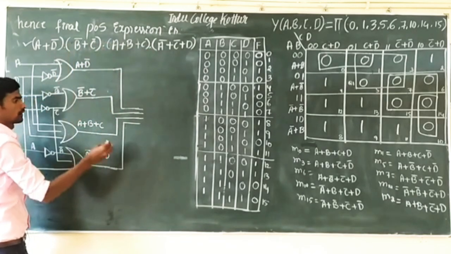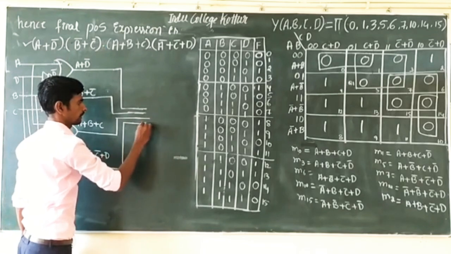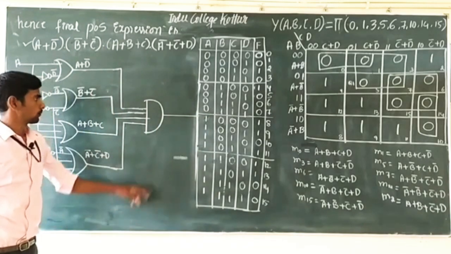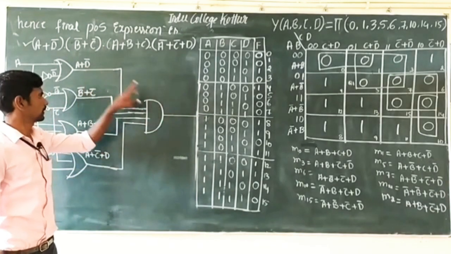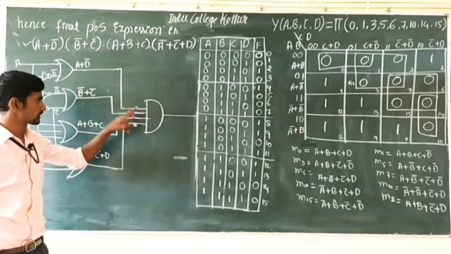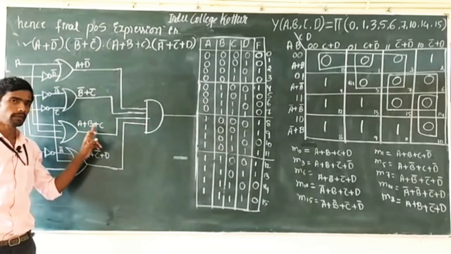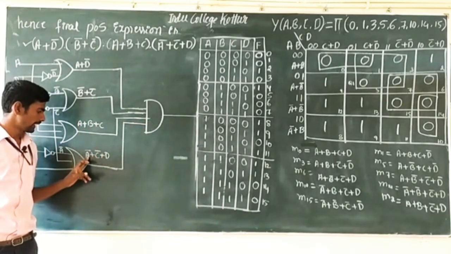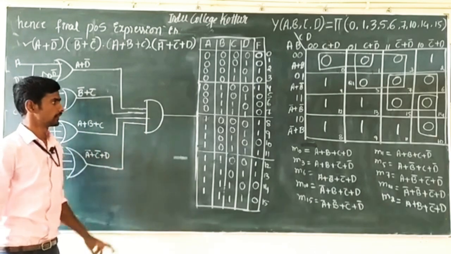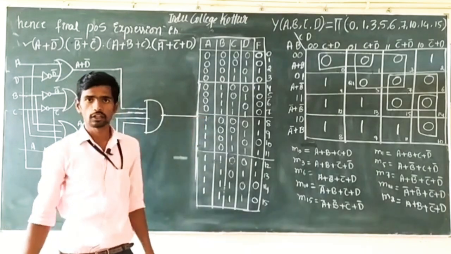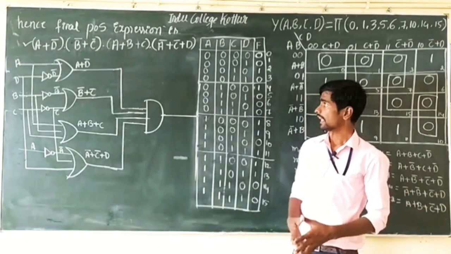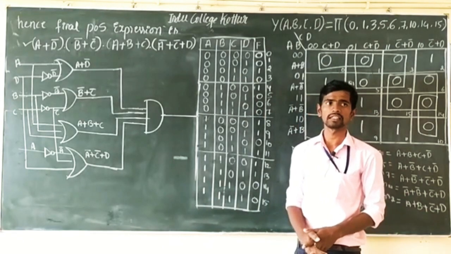Finally the output is A plus D complement into B complement plus C complement into A plus B plus C into A complement plus C complement plus D. This is how we can draw the logic diagram based on the final expression. Next we have to discuss another problem.